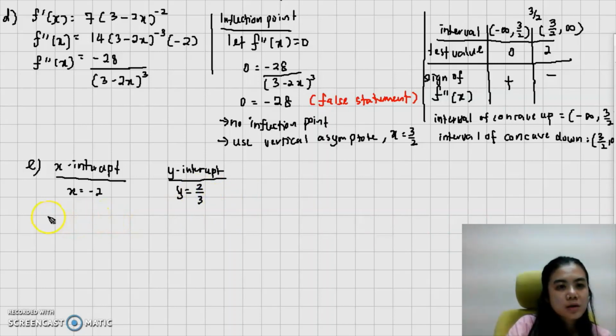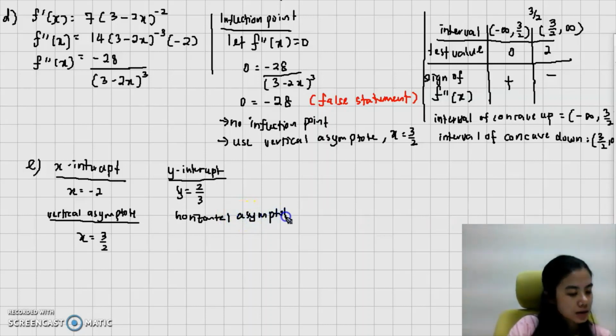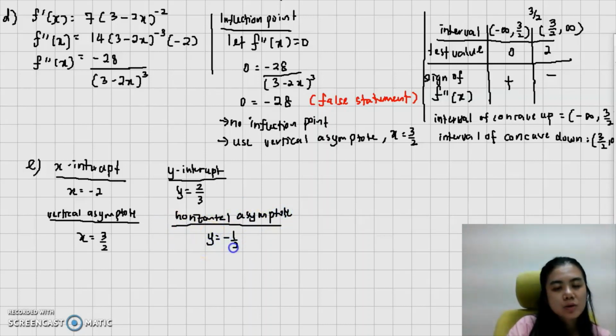We need the vertical asymptote, x equal to 3/2, and the horizontal asymptote, that is y equal to -1/2.